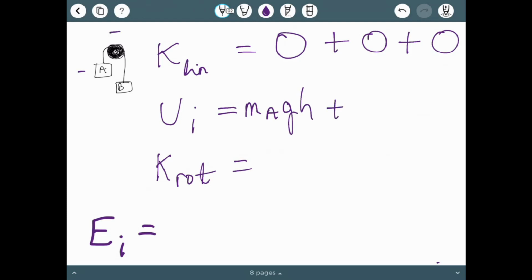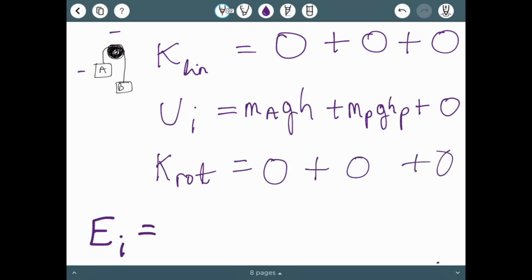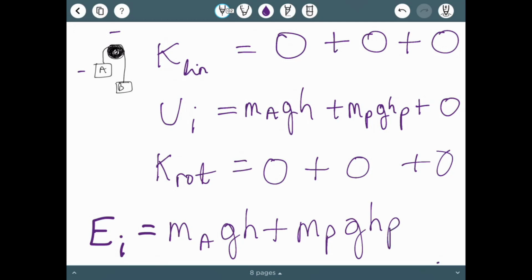For the pulley, we'll call it some mass M_P and some height h_P from the ground. As we will see later, we can even skip this because this potential energy does not change from initial to final. For rotational, all three have 0, since everything is at rest. So we combine all these energies to get a final expression for the initial energy.